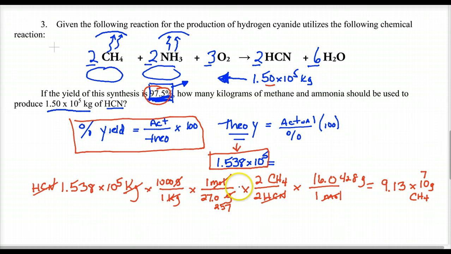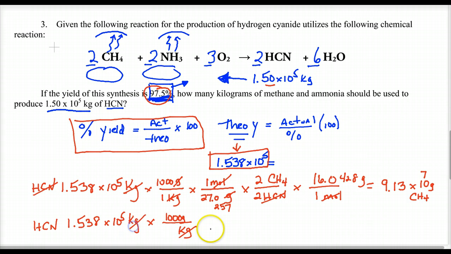And I'm going to do this one more time. Again, we're starting with hydrogen cyanide, and now we're going to do it for ammonia. A lot of this looks similar. 1.538 times 10 to the 5 kilograms. I'm just converting to grams using my units.